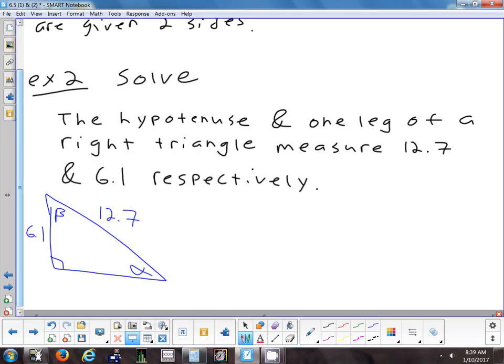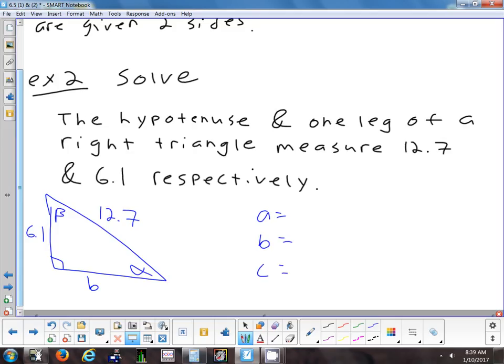All right, so one thing we can find right away that we couldn't find right away before is what? What can I do this time that I wouldn't be happy with doing last time? Yep. You can find the side by using the Pythagorean theorem. Yeah. How come I'm okay with using the Pythagorean theorem this time, but I wasn't before?